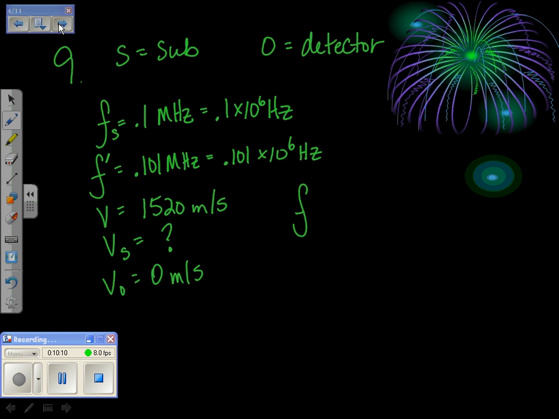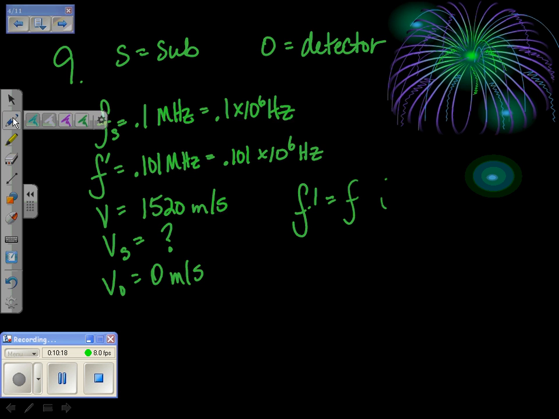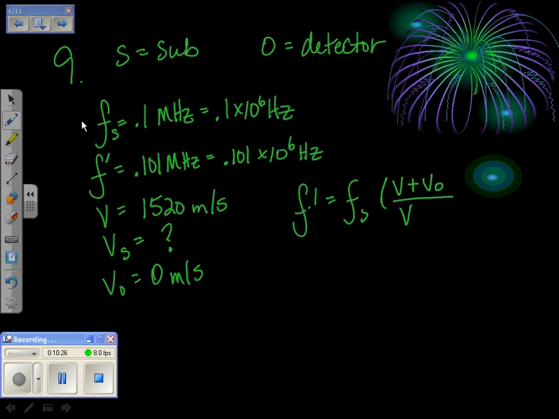So I have my F prime equals F sub S times, oops, sorry, wrote that wrong. F sub S times my V plus my V naught over my V minus my Vs. If that's the case, I have to solve for this variable right here.